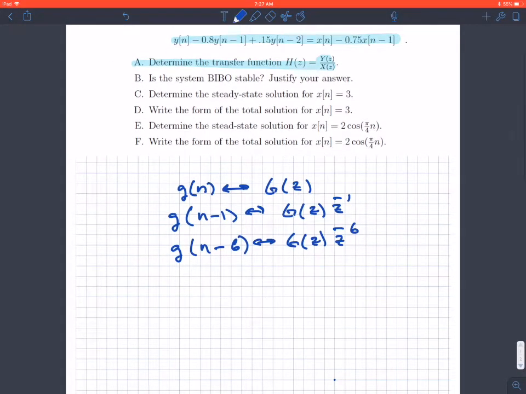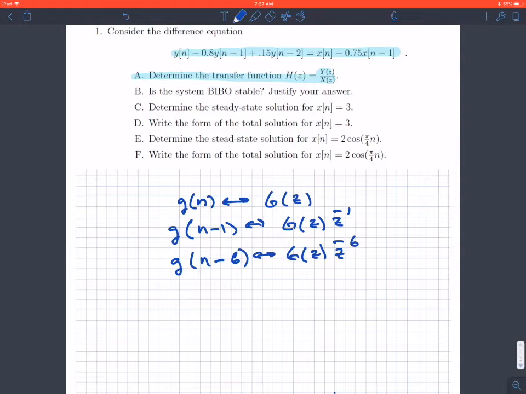So we look at this difference equation and we take the z-transform of both sides, and we will get the following. When we start and look at y of n, that becomes y of z. Then we have minus 0.8, and we notice we have a delay by 1, so this would be z to the minus 1, y of z.